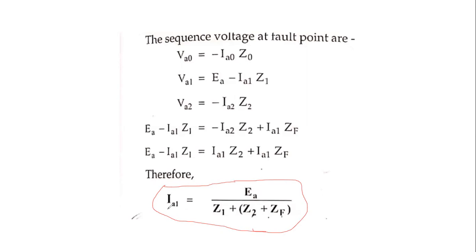This is the fault current formula when double line faults are obtained with impedance. We remember those formulas, as they will be useful when we are calculating problems related to faults.